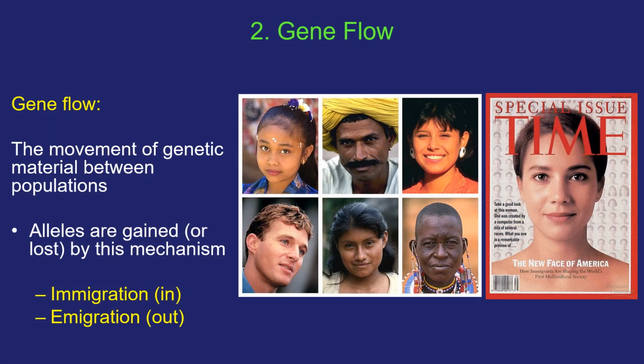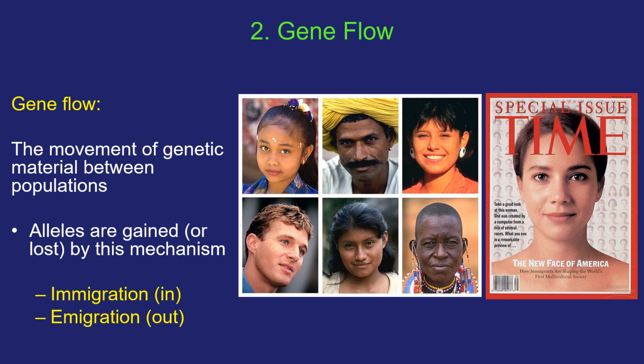Gene flow. As mentioned earlier, it's pretty much what it sounds like. It's the flow of genes, the flow of information between populations. We might have new alleles coming into a population through immigration, or we might have alleles leaving through emigration. In many natural populations, there are barriers to gene flow.